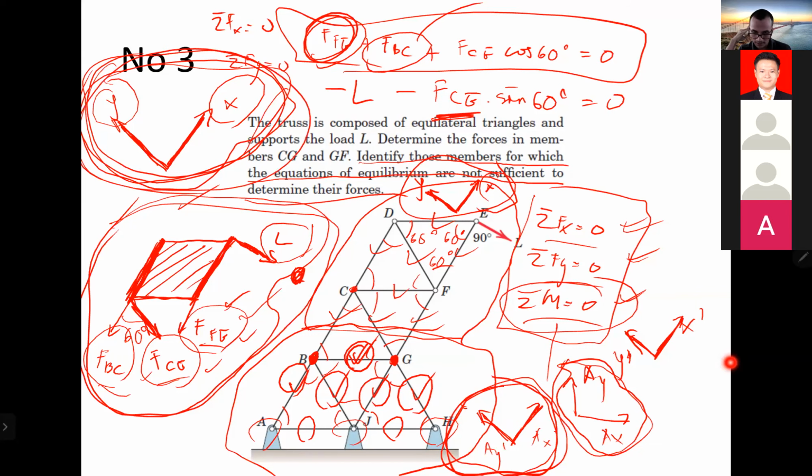So basically, you can use any kind of coordinate which will ease your calculation. And what about the H pin? It goes to the right also then? Yes.